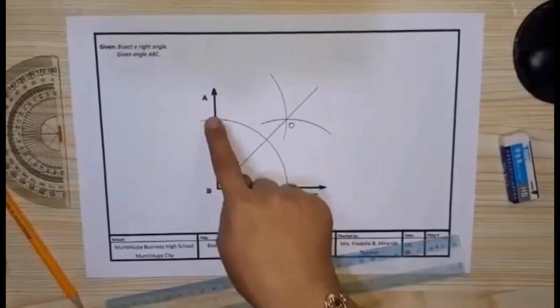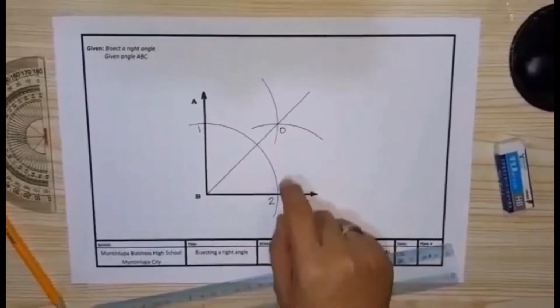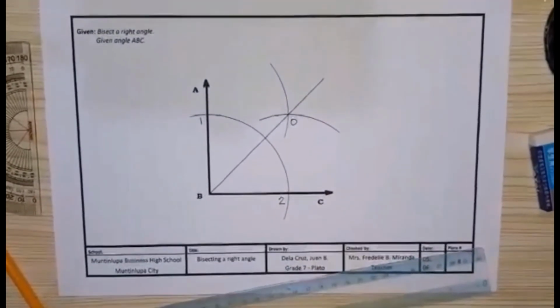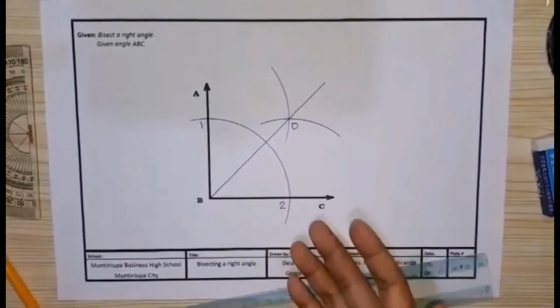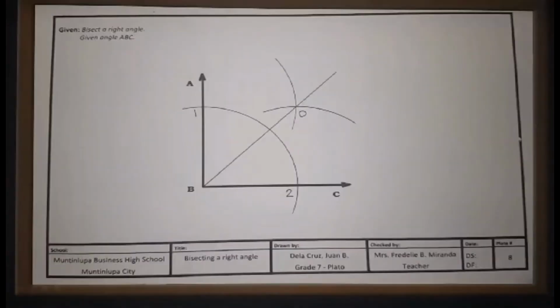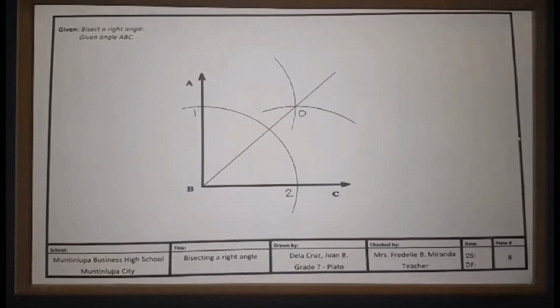Angle A, B, O, and angle O, B, C are the same measurement. We already bisect the right angle. Are you done? Great! So, how did you find the activity? It is so easy, isn't it?